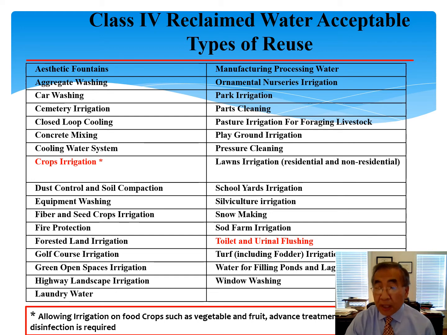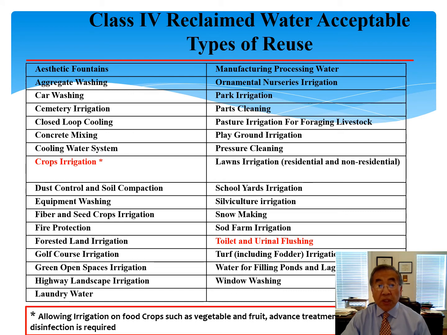The water reuse types for Class 4 in Maryland: you can use it for fountains, car washing, concrete mixing, all these usages. I highlighted crop irrigation in red. That means we can irrigate with Class 4 any food crop that can be consumed by humans directly, such as vegetables and fruit.